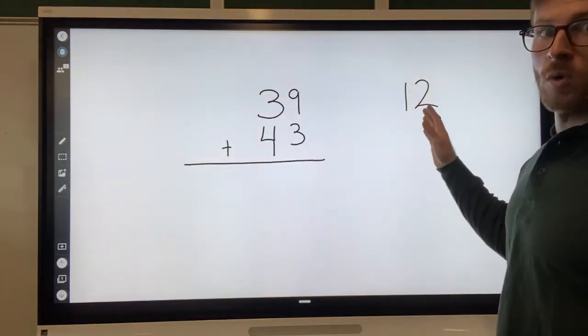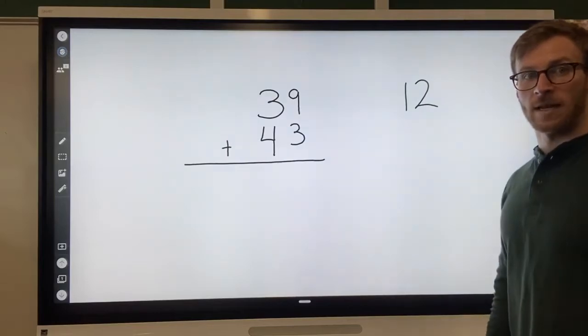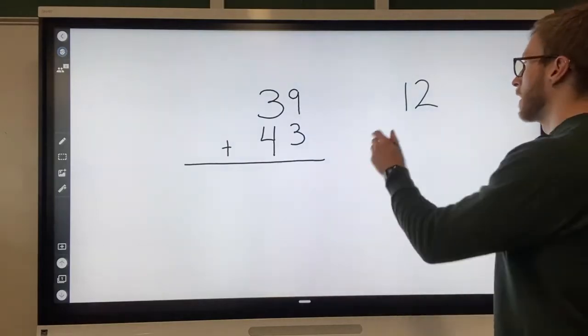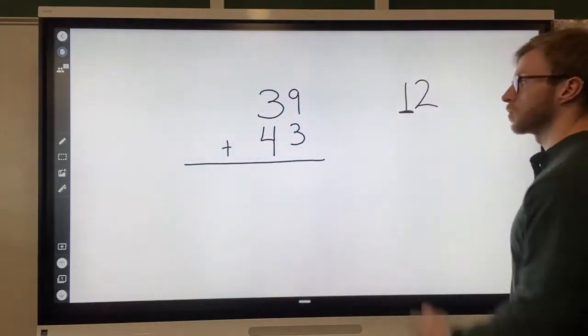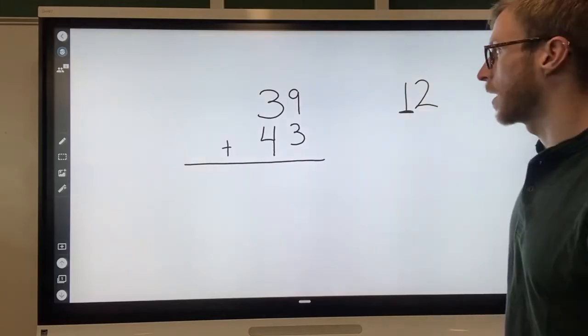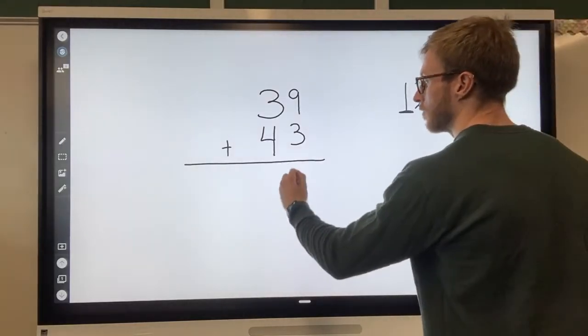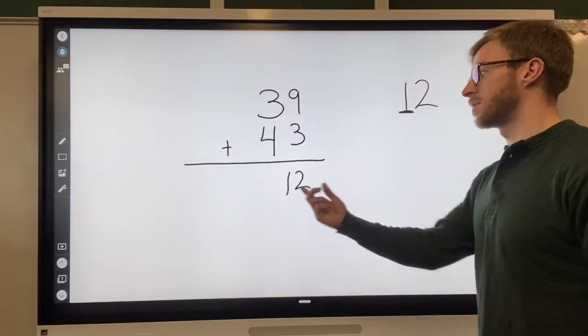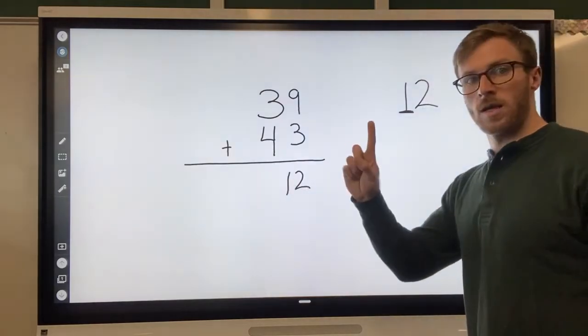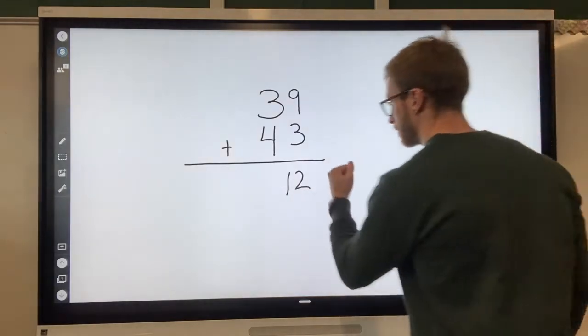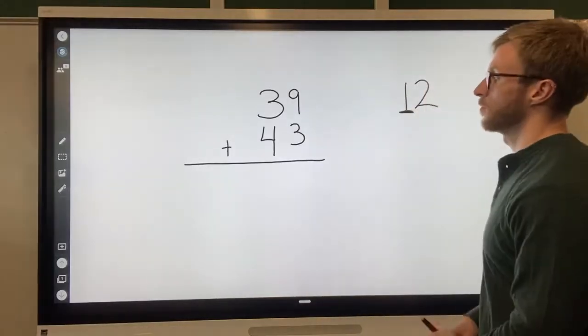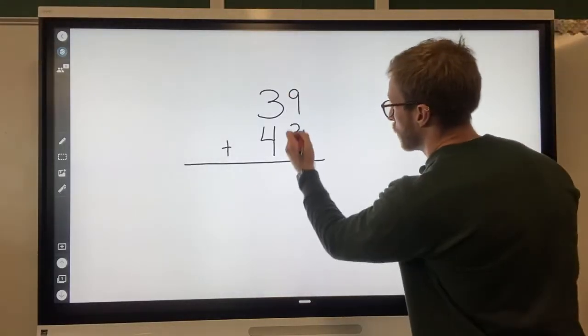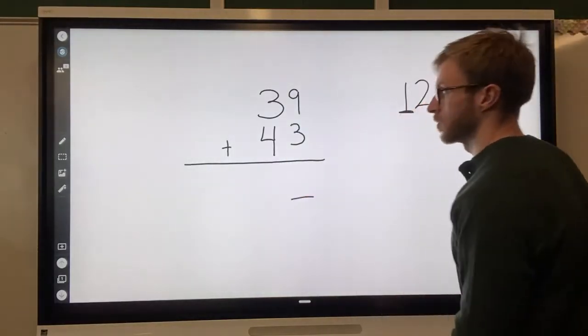When we look at the number 12, do I have a group of 10 in it? I do, because 12 is bigger than 10, and there's 1 in the tens place right there. So I cannot write 12 down here, because I have 2 digits, and there's only space for 1. So here's going to be my ones place number.